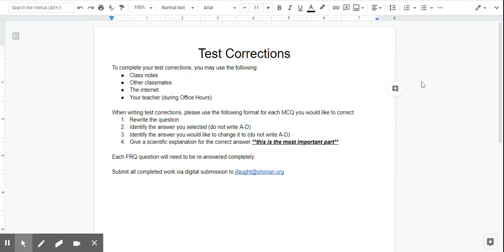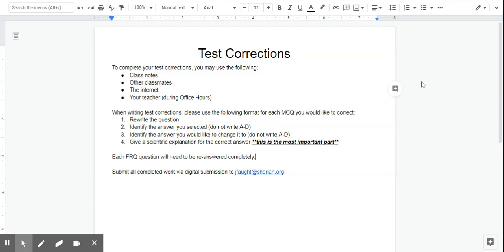Use those, to allow you an opportunity to understand scientifically why this is the correct answer, and why your original one led you down an alternative path. So number 4, giving that explanation, why is it the correct answer? Again, use whatever format you would like to. That's totally fine.